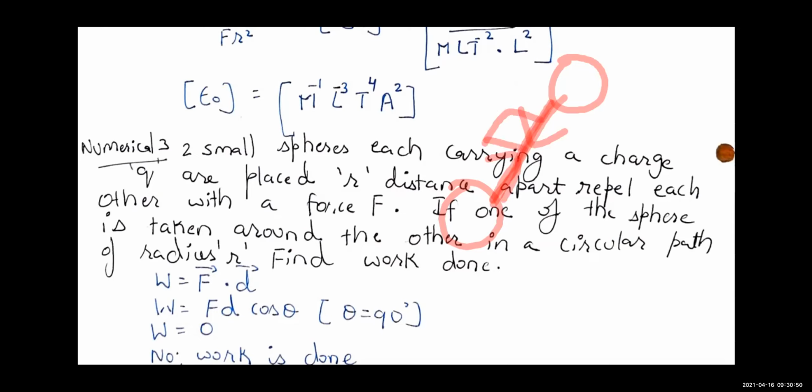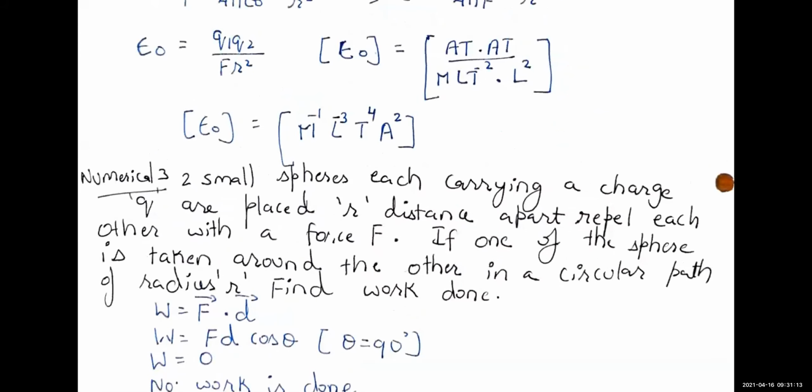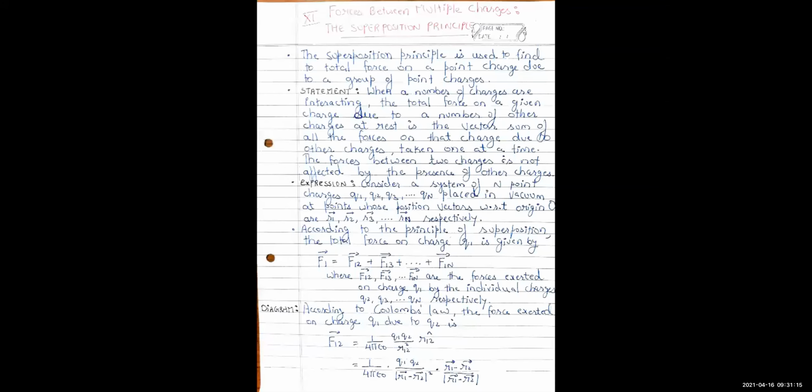So they are acting at an angle of 90 degrees. We know the work done is force into displacement, but it is F dot D. So it is FD cos theta, and theta is 90 degrees. When you put cos 90, it is 0. So no work is done in this case, right?